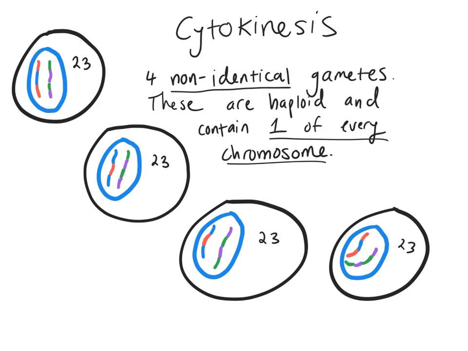And they're not identical because of the shuffling of the genes and the crossing over that all started back in prophase 1 in meiosis 1. So that in a nutshell is meiosis and how it works and operates. And we'll get more into how this can go wrong in a different video and look at karyotypes and how you can tell if something has happened in meiosis that shouldn't have.